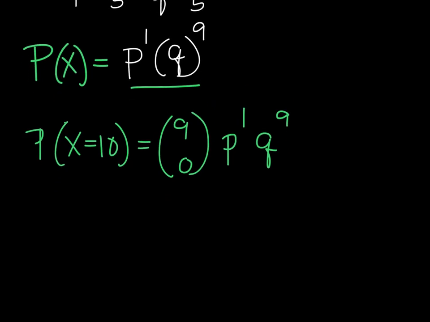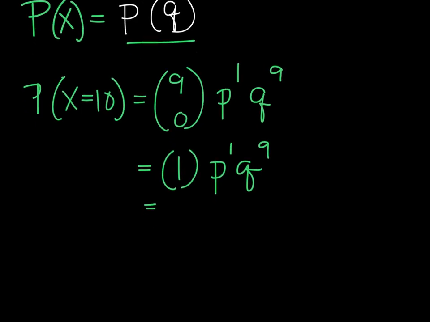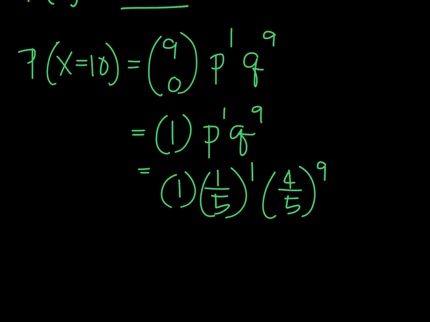Okay, but again, if you compute the 9 taken 0, you should see that this is equal to 1. And then you have P raised to 1 and Q raised to 9. Therefore, we have 1 times 1/5 raised to 1 and 4/5 raised to 9.